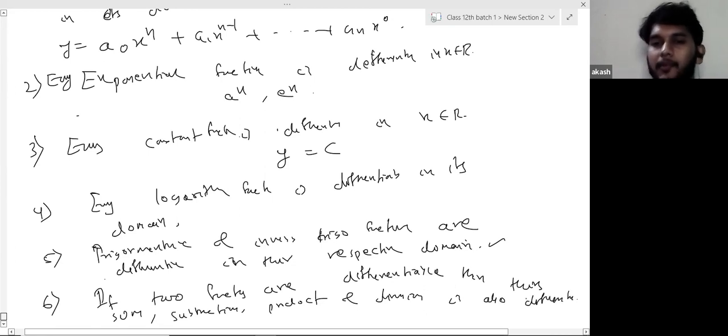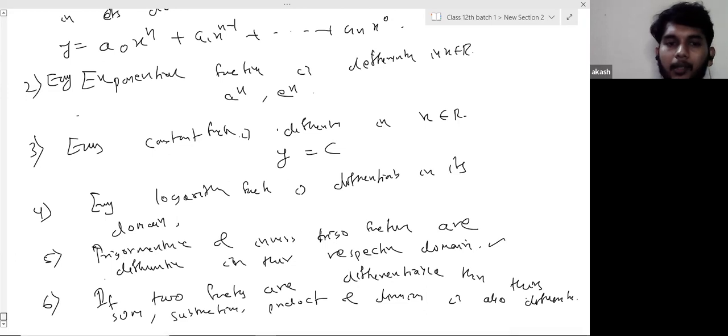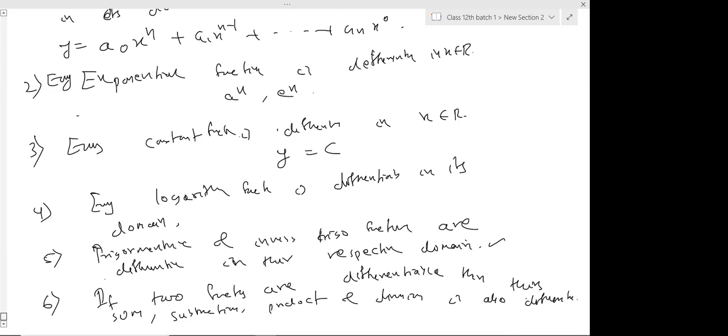So if you have two differentiable functions and you add them, then the third function is also differentiable. If you multiply them, then that is also differentiable. This is very important to know. Note it down.